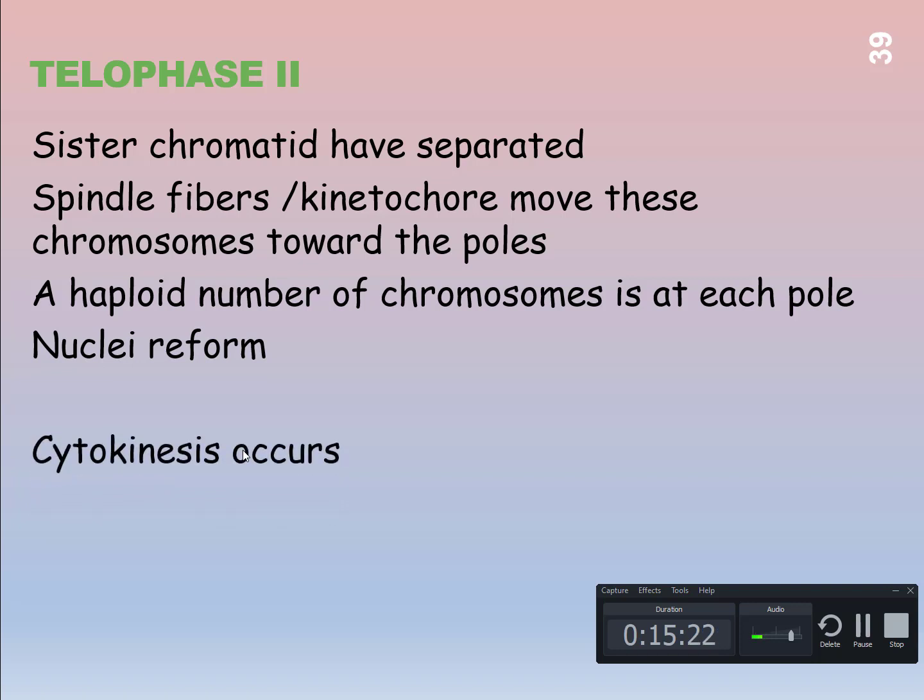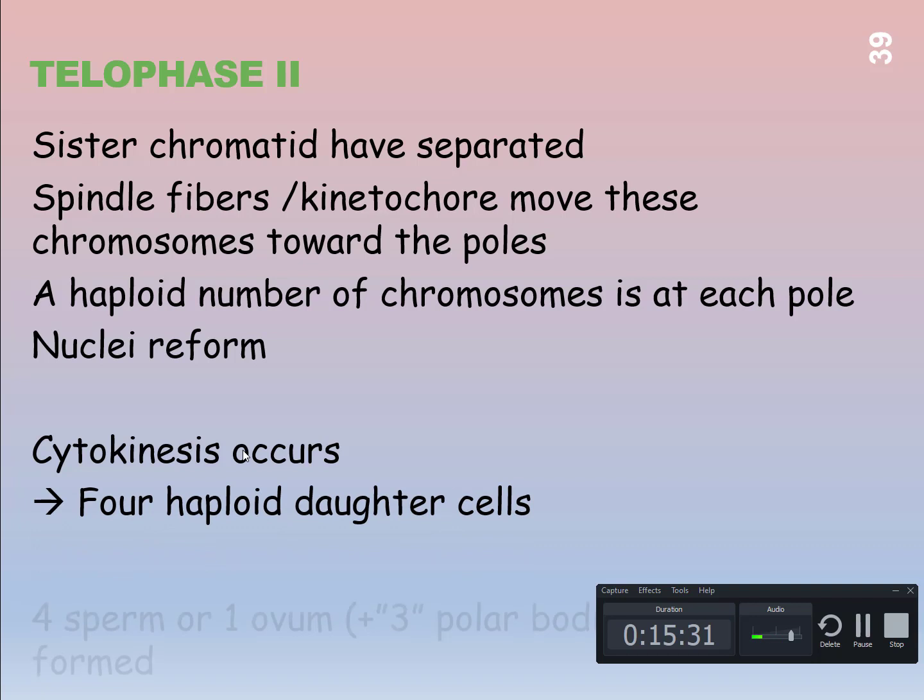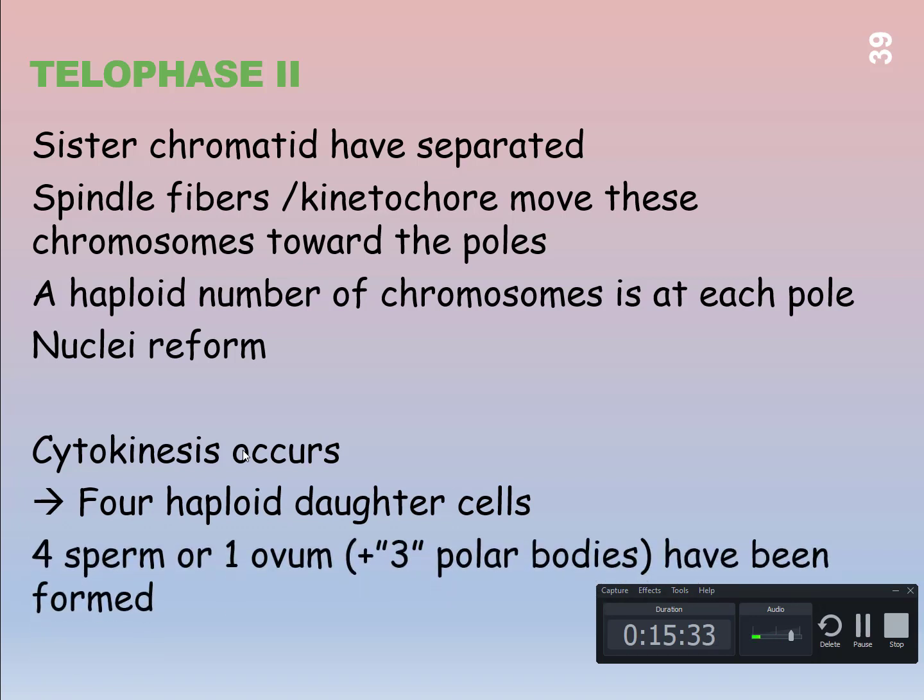But we see the nuclei reforming, all those things that went away come back. Cytokinesis is occurring. But now at the end, we've got these 4 haploid daughter cells. And this means we're either going to have 4 sperm or 1 ovum and 3 polar bodies or bar bodies, depending on who you read.